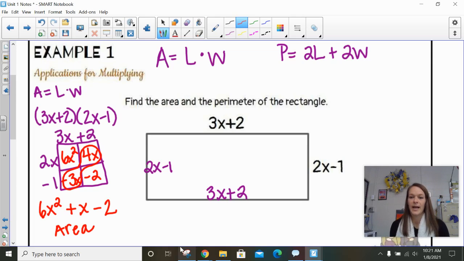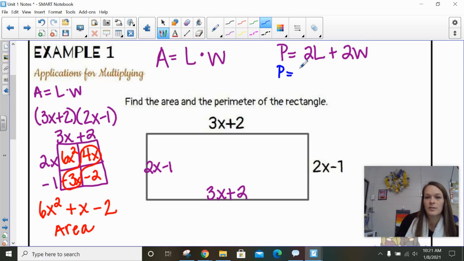Okay, and then now perimeter, you have up here 2 times your length plus 2 times your width. So I'm just going to start up here with it. So my perimeter, so 2 times my length, which is 3x plus 2, plus 2 times my width, which is 2x minus 1.